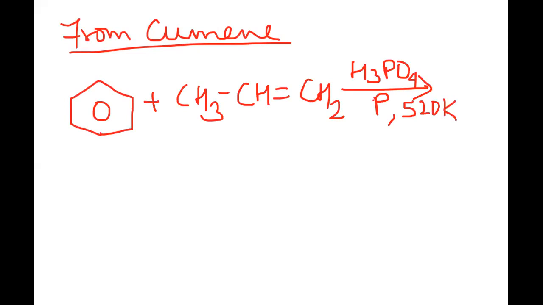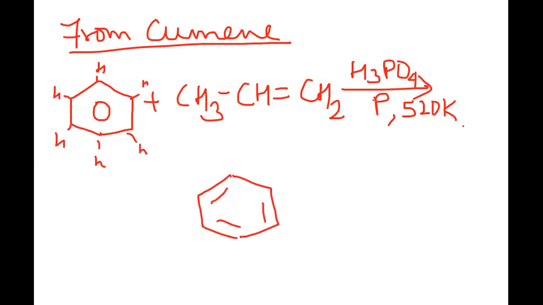When this is happening, the addition of the benzene group happens at the middle carbon atom according to Markovnikov's addition only, because all these carbons are having one hydrogen. So one of the hydrogen bonds is going to rupture from here under pressure and the reaction conditions.